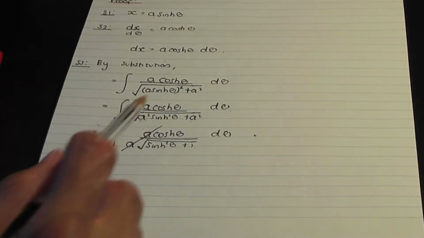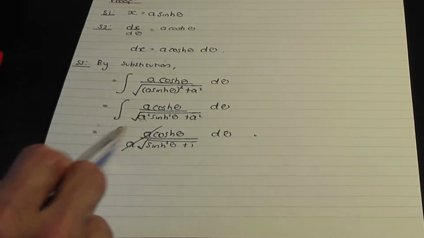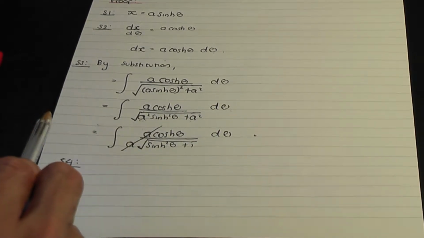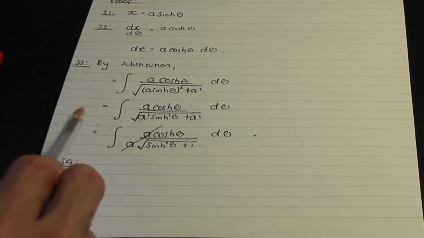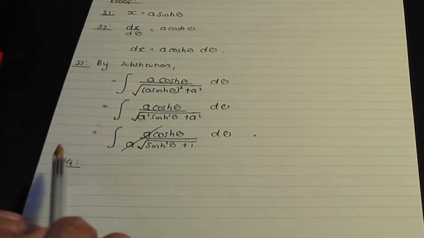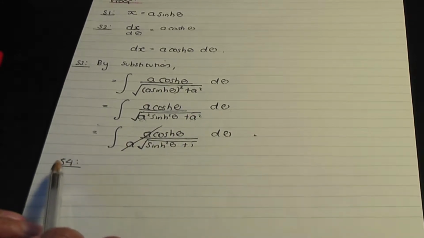Now, this is how I think about it, whenever I use a trigonometric, or in this case a hyperbolic substitution as well, 10 times out of 10 you'll be using a hyperbolic identity, particularly in order to simplify your integral.